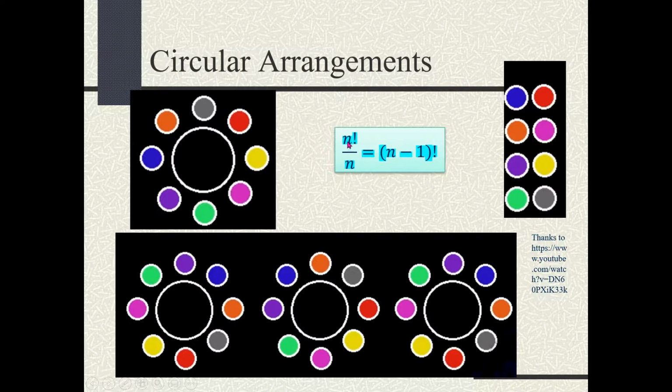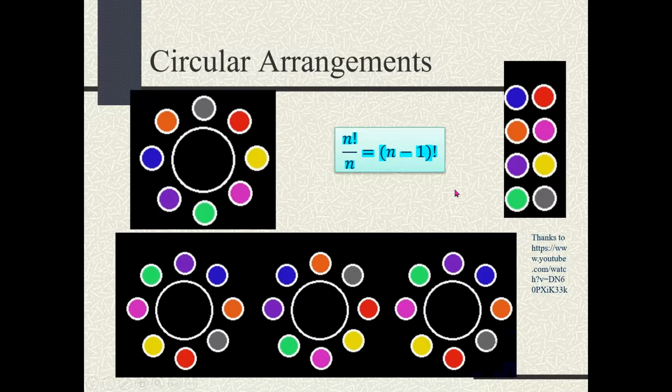So we deflate the actual factorial by n. Had this been arranged in a straight line, we would have said n factorial. But now we are arranging in circles, so I will say n factorial divided by n, because as we just saw there are n different rotations for the same thing. So n factorial divided by n comes out to be n minus 1 factorial.